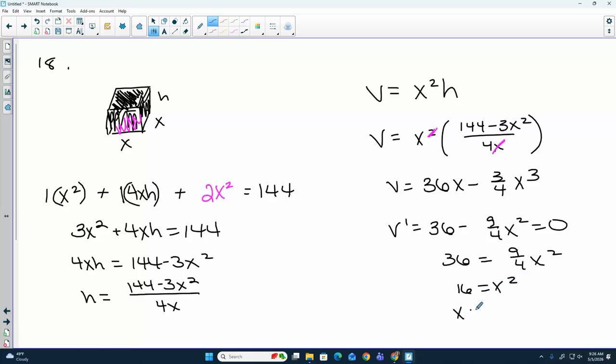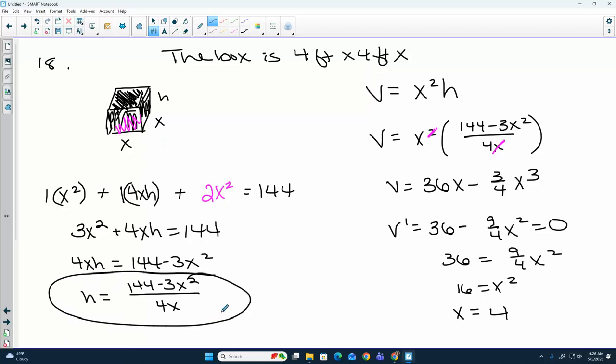Square root, we know x can't be negative because it's a length, so we get x to be 4. So the box is 4 feet by 4 feet. To find our height, we can plug it in right here. So that would be 6 feet.